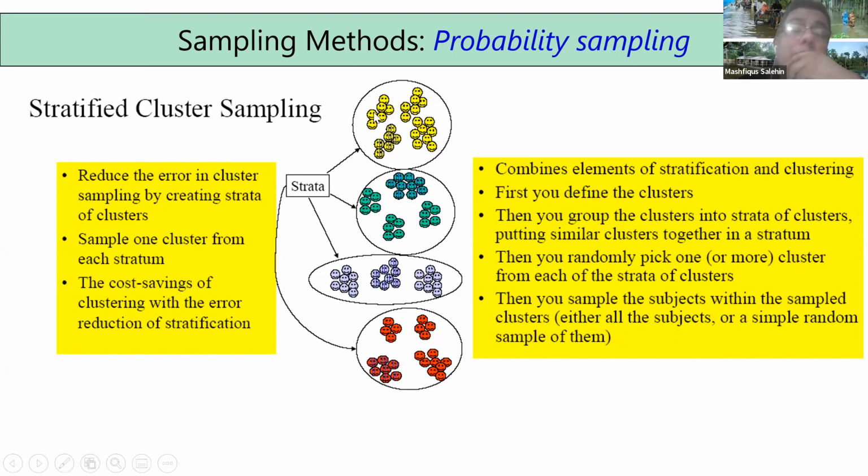So when you have all these strata, your first step would be you combine your elements of stratification and you cluster them. So now you have defined your clusters and you have grouped your clusters into strata.